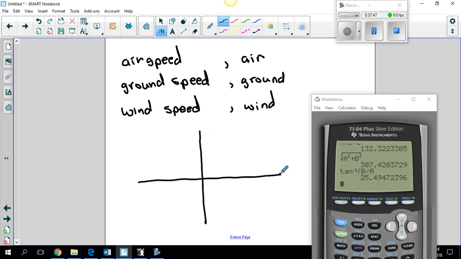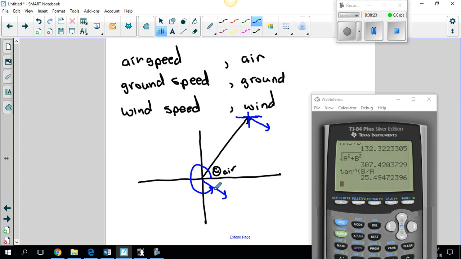So if you got a plane just set at this angle, just takes off, which a plane wouldn't normally do, that would be theta air. And then a wind blows on it in a certain direction. But you got to understand, that's not actually a vector. This is the vector. And this is the angle that we're talking about.